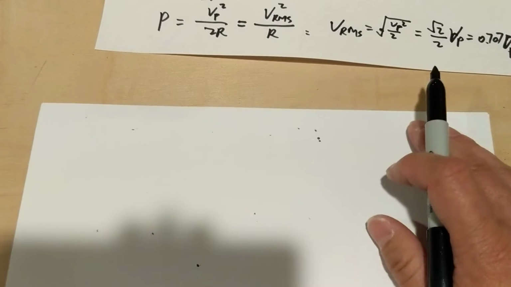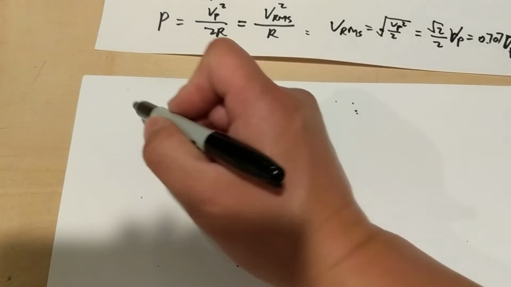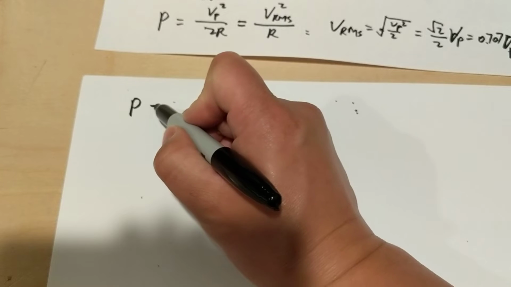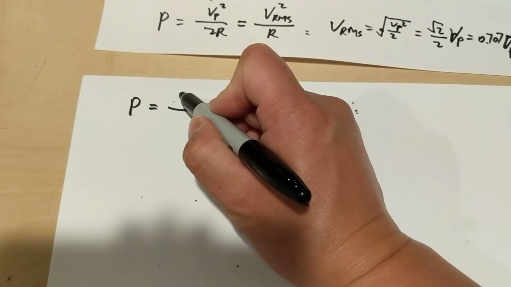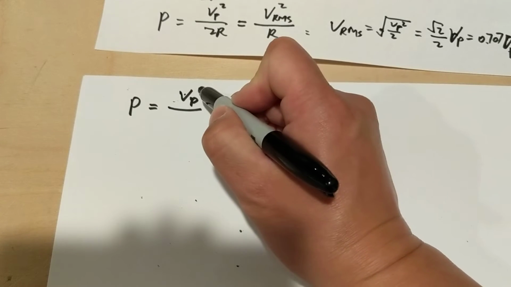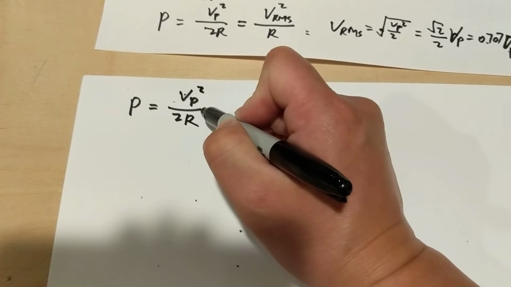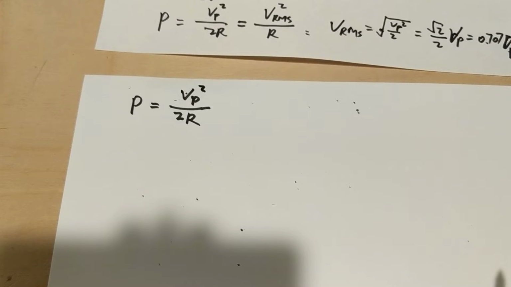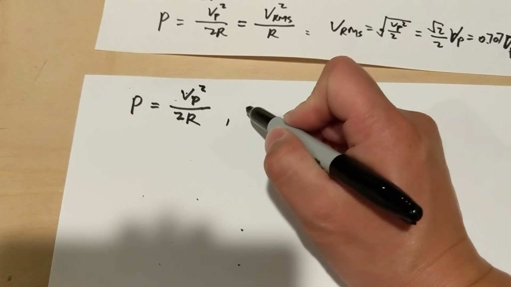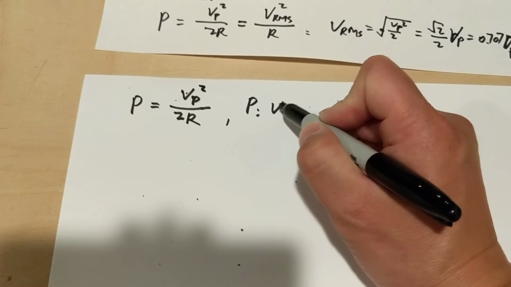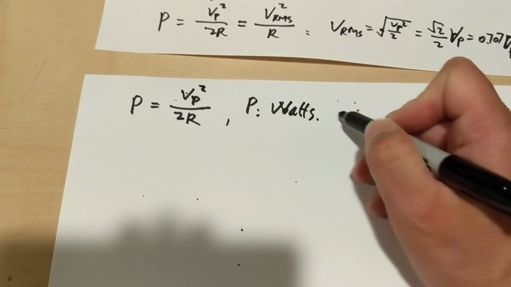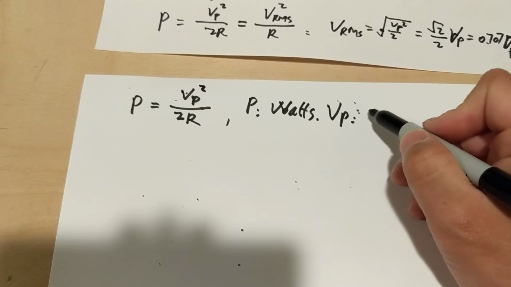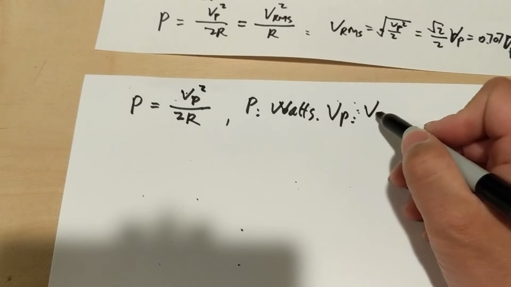Okay, let's continue. So now we know the power equals Vp squared over 2R, where R is the resistance. In our world, the unit of P is watts, and the unit of Vp is volts.